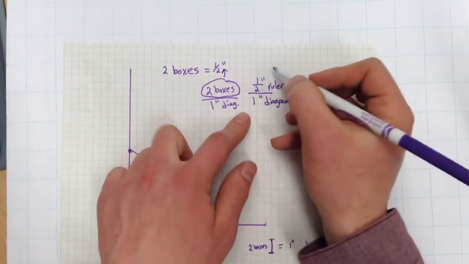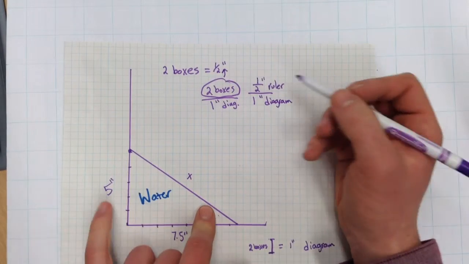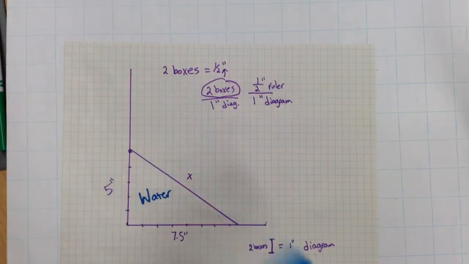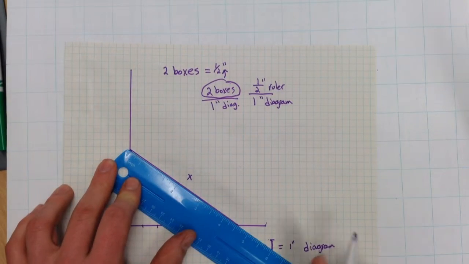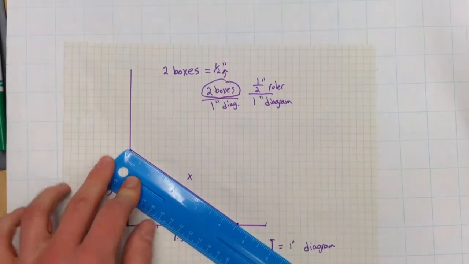So this is my new scale factor. This is what I'm going to be using to measure the line. So I'm going to go ahead and measure the line, and I get just about 4.5.